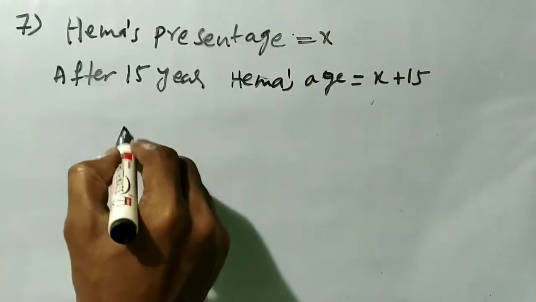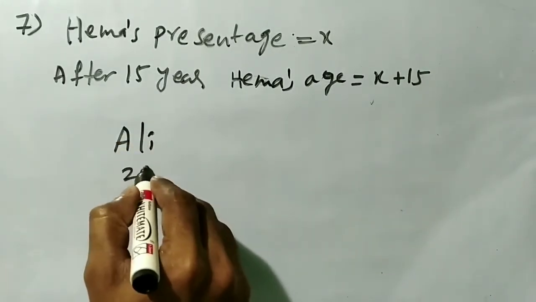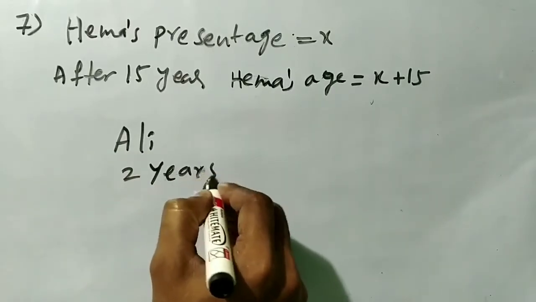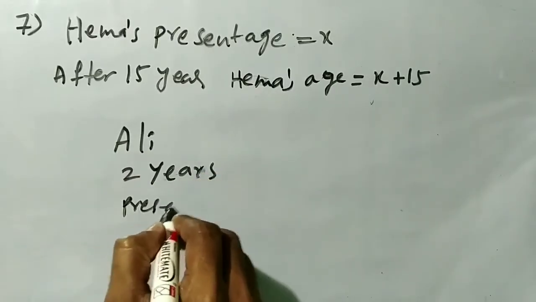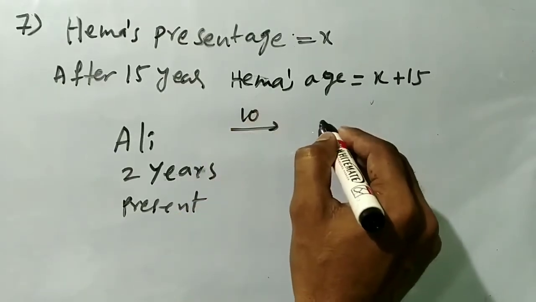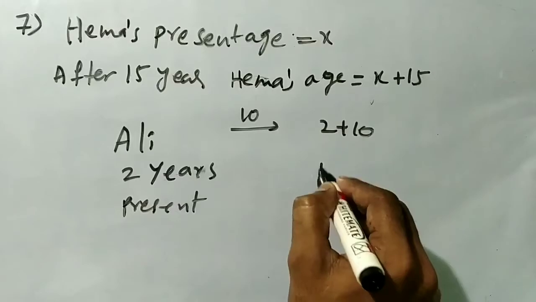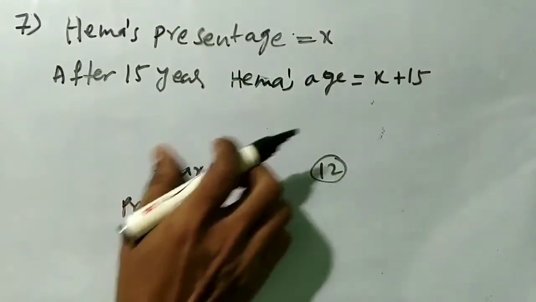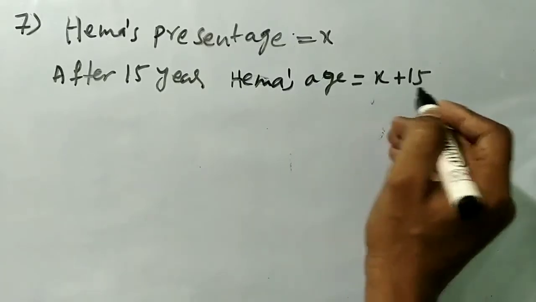Let's think here, Ali is 2 years old right now, the present age. So after 10 years, it becomes 2 plus 10, so it is equal to 12. Same as in the Hema situation also. So here x plus 15.